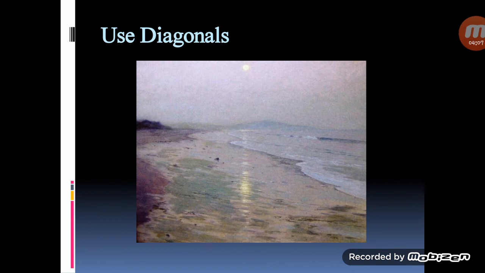Use diagonals. The artist effectively used diagonals in the composition. Moonrise on the beach. The gently rolling waves angle away and recede from us, creating a sense of depth and distance.